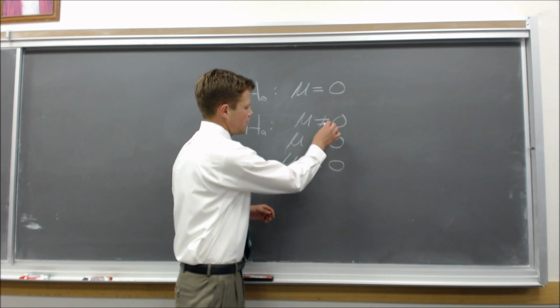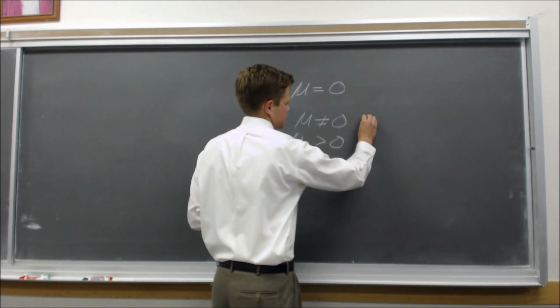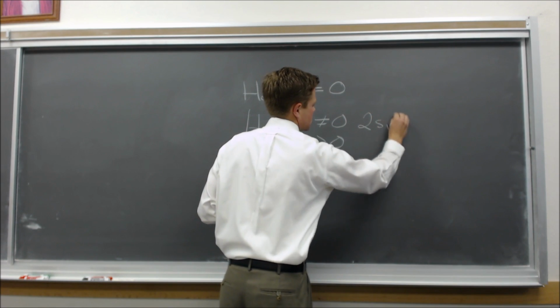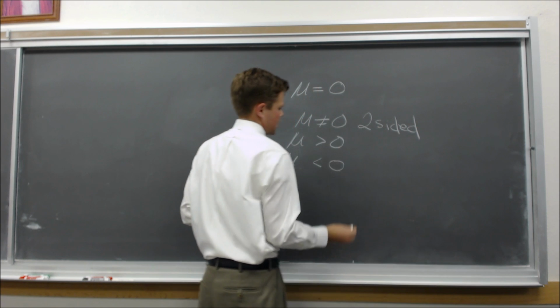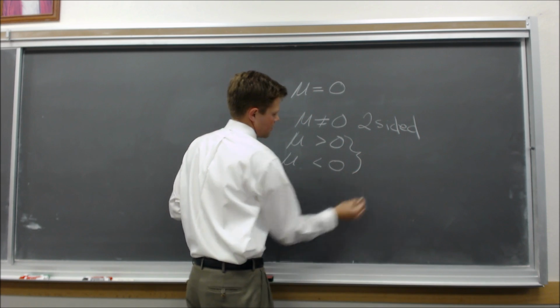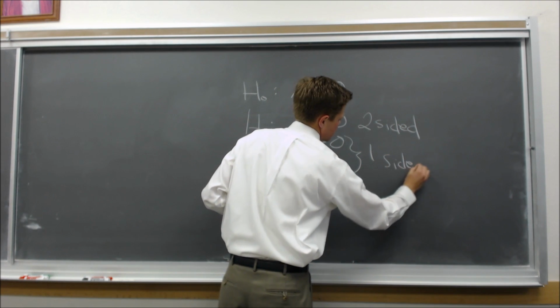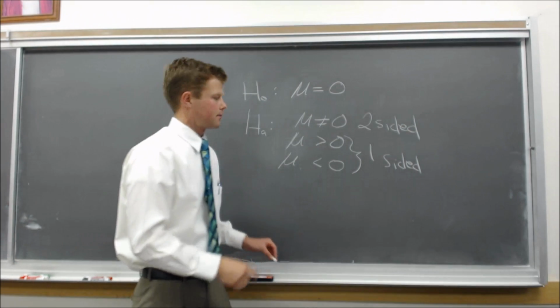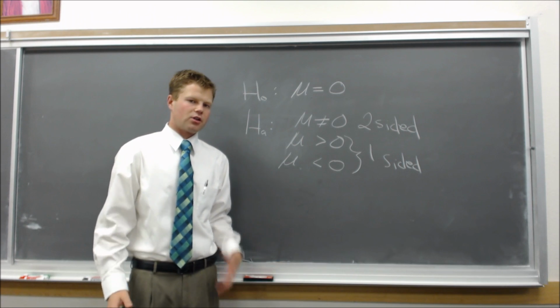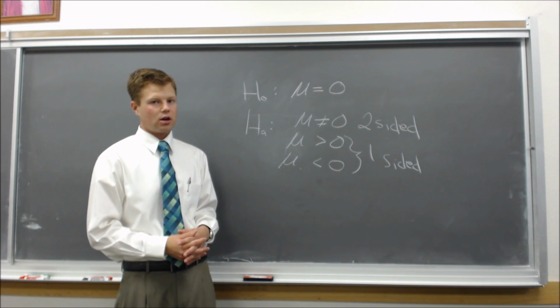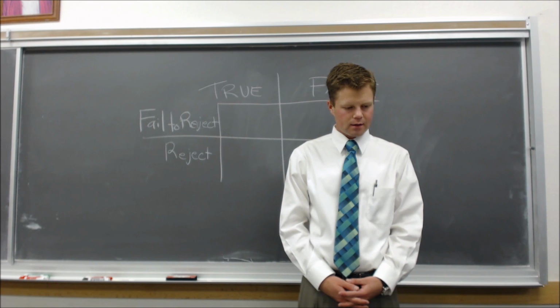And so the not equals is two-sided, and then both the less than and greater than are one-sided. And that is how you can tell between a one-sided and a two-sided alternative hypothesis.